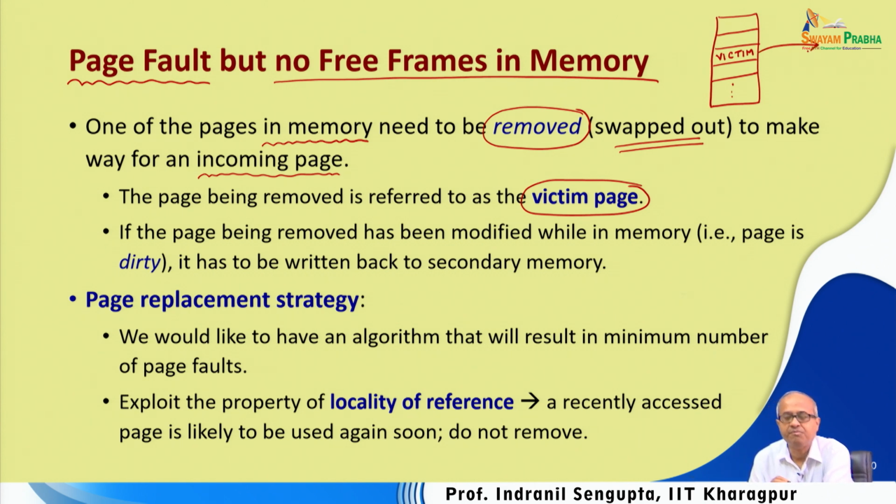When you are removing from memory, you have to check whether the page was modified or not, because I told you one copy of this page is present in the disk, either in the swap area or in the normal file system. Whenever you find that there has been some modification in that page, we say that the page is dirty. If there is no modification, we say that the page is clean.